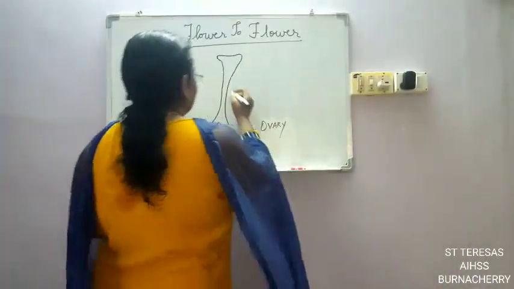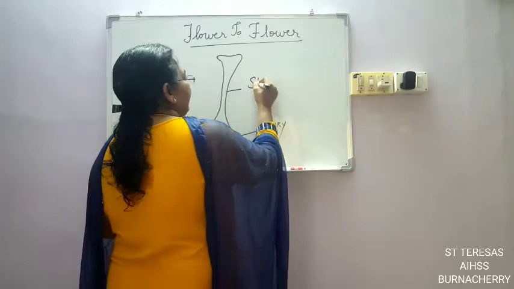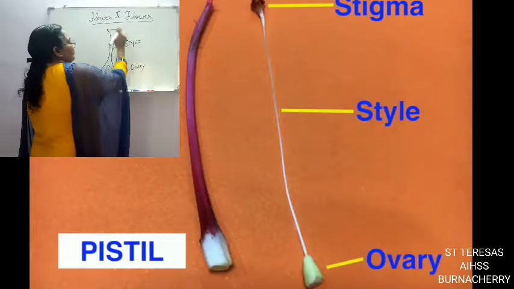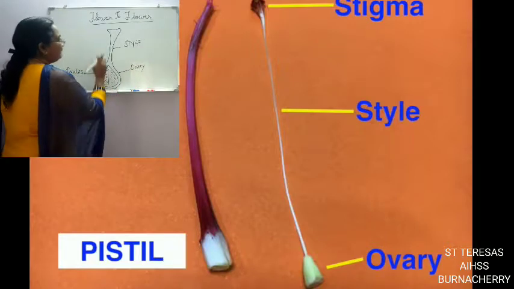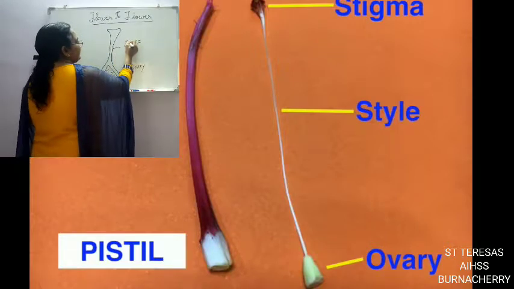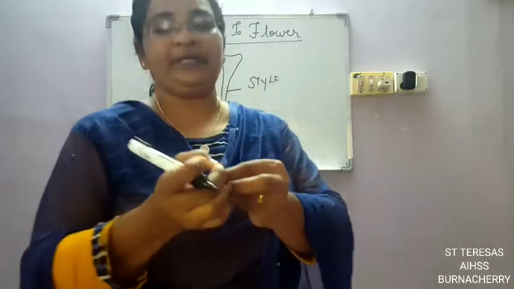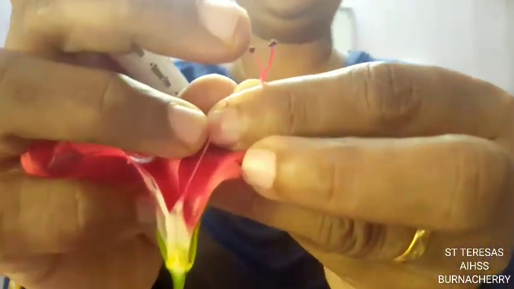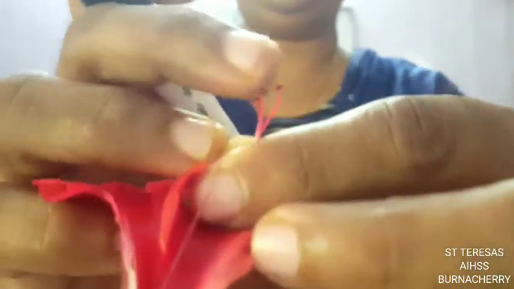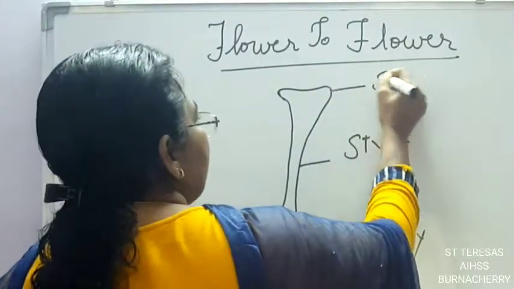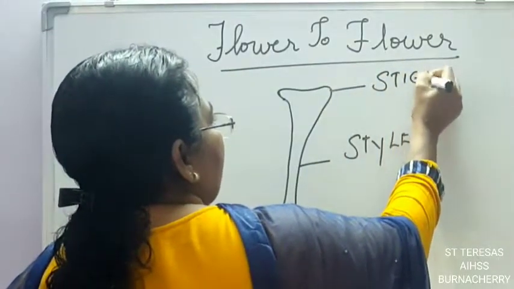That is called the style. It is a tube. And on top here you can see this thing. There are three here. You look at only one. This top portion is called the stigma.